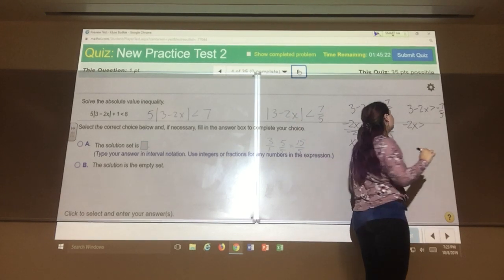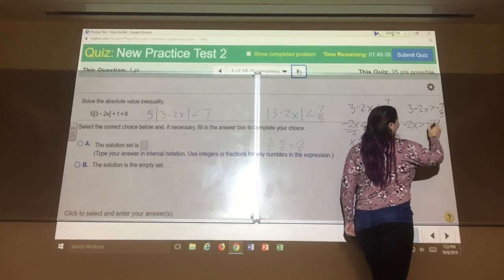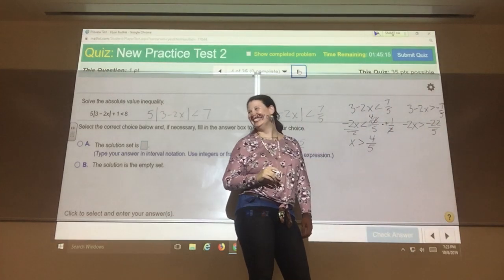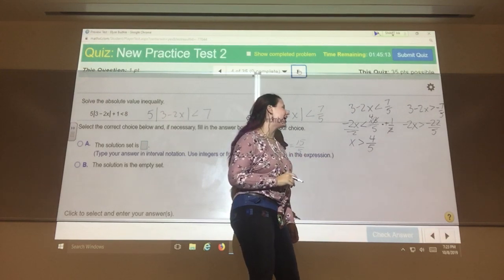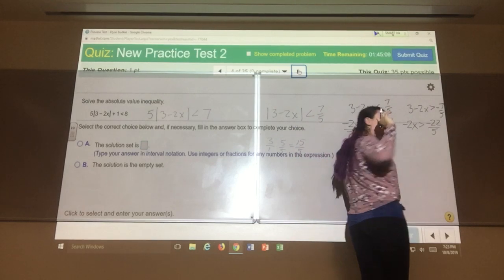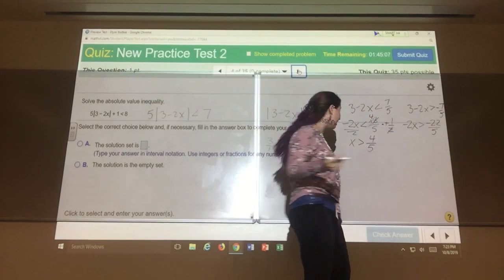There you go. 22. Yep. And now factor the second negative over 5. You said it. Okay, now what? Multiply by -1/2. That's another way of thinking about it.